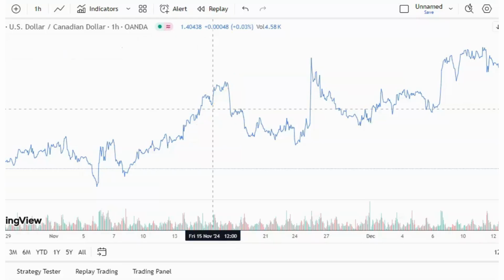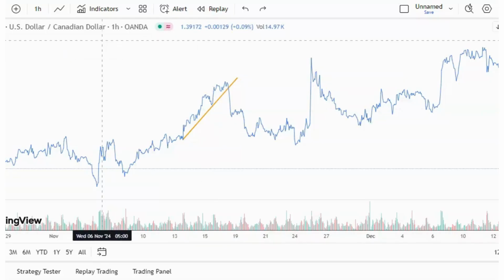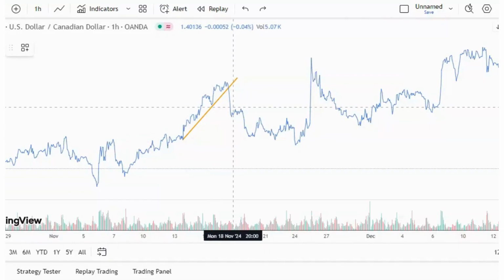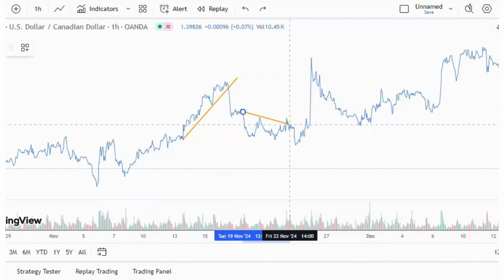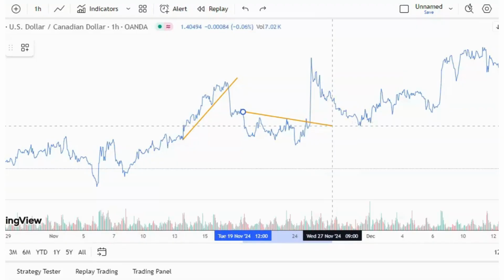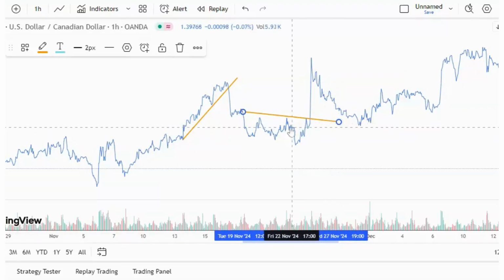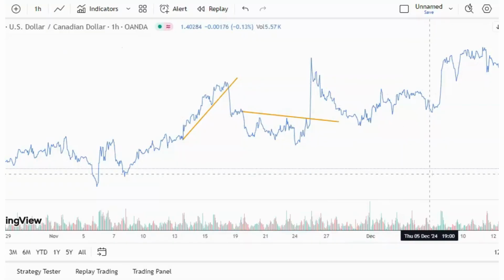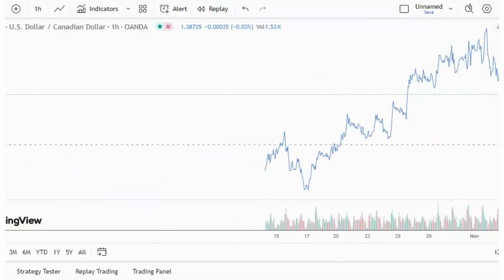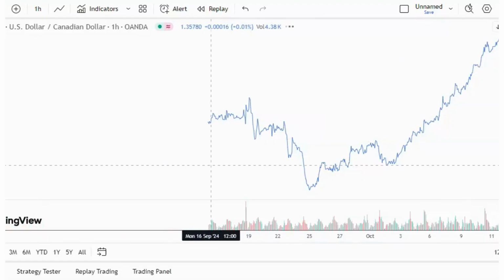You may also draw a line like that. Then once the price breaks it, it went parabolic, as you can see. Very simple, guys.